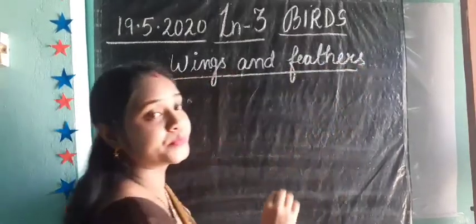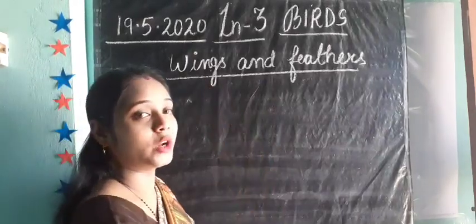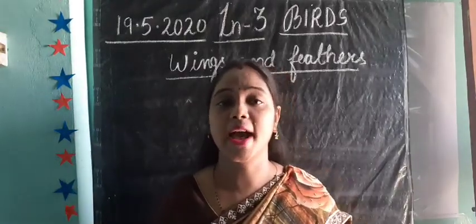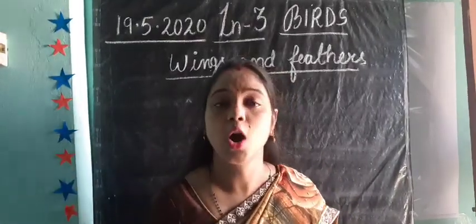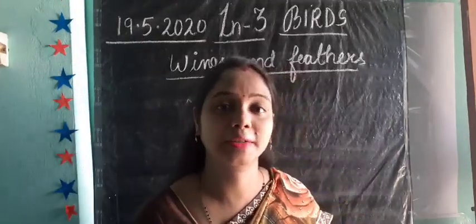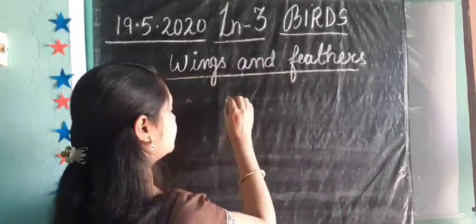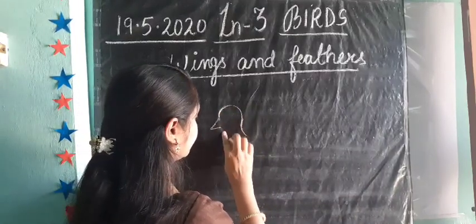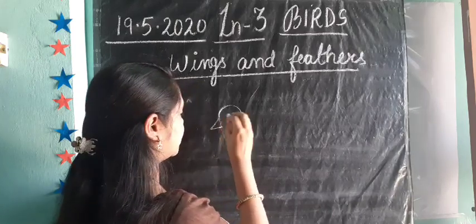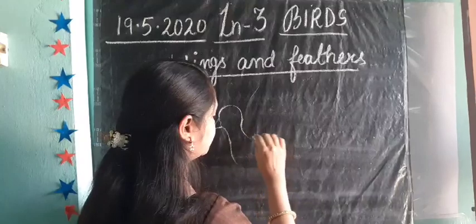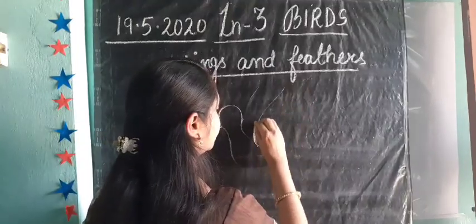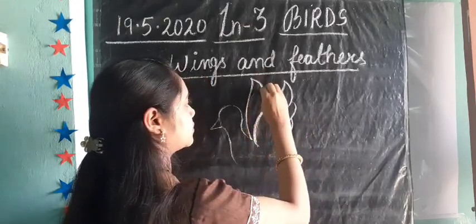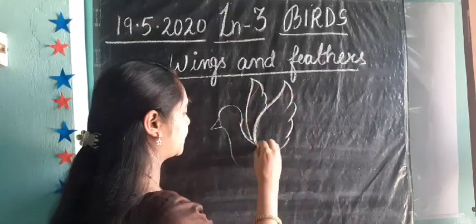Now we will see what are wings and what are feathers. Children, you know that all birds have 2 wings, or you can say a pair of wings. Here I am going to draw and show you the wings. One wing, the second one is that side.